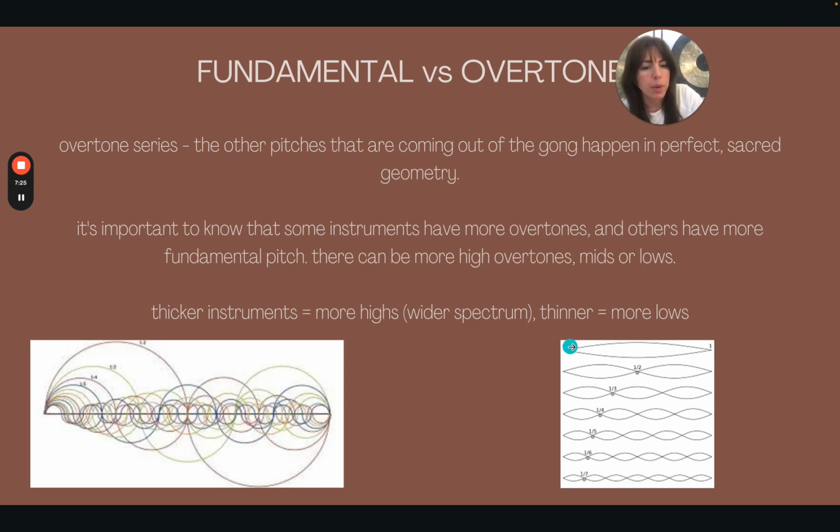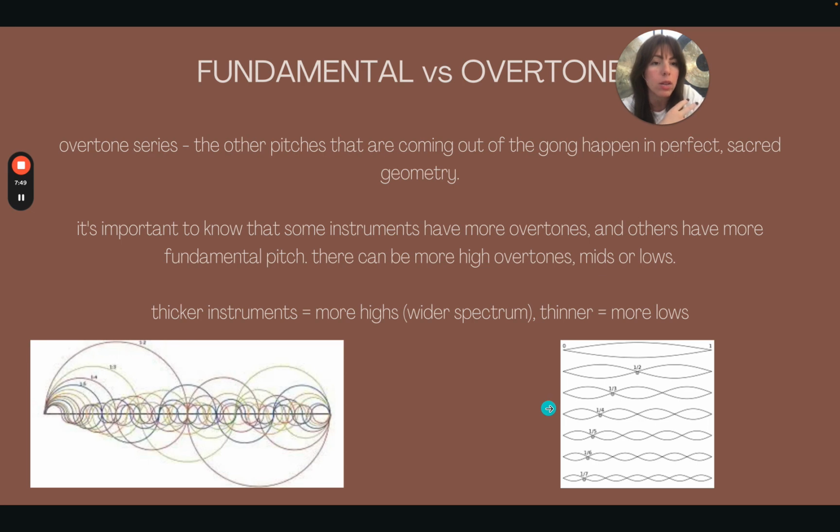So let me just say that one more time a little bit better. This pitch here is supposed to represent the fundamental pitch. This is the main note that we're hearing, the main note that the gong is tuned to. And so when we strike the gong, this sound wave comes out at this frequency. But it also breaks off into partials in half and in thirds and in fourths.